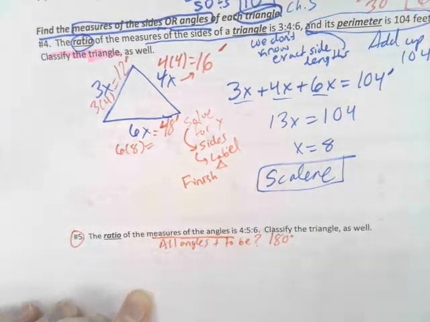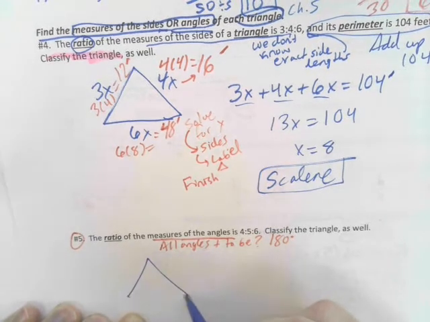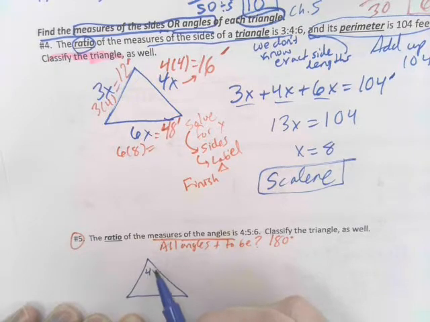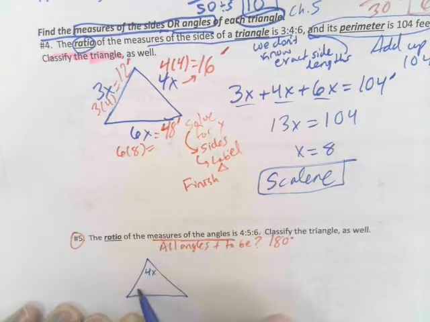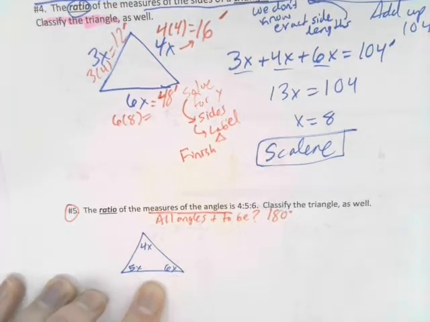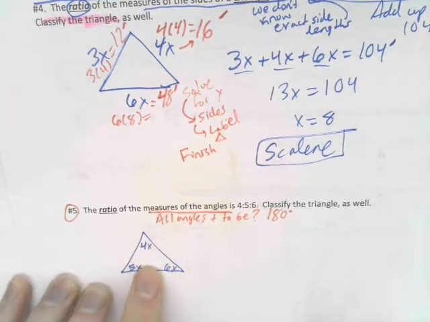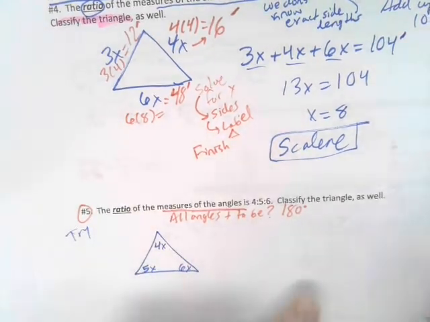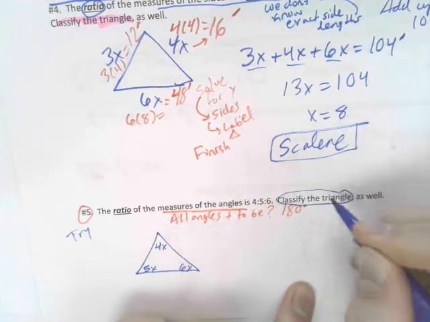So keep that in mind, guys, as you create your triangle here. We'll go 4x, 5x, and 6x. Because again, we're talking angles. And so I'm going to let you guys see if you can solve and classify that triangle.